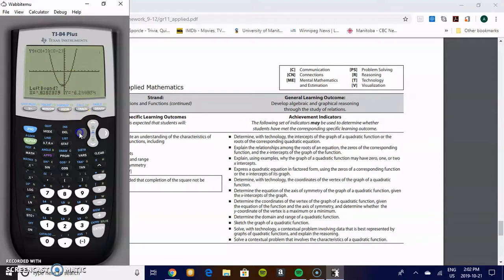I would need to use the arrow keys to move to the left side of the x-intercept. Hit enter. Now it's asking for the right bound, so I'm just going to go to the other side there. Hit enter. Enter one more time, and we see that there is an x-intercept at x equals -3.